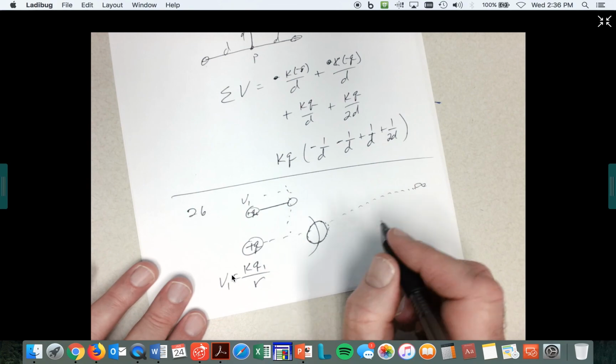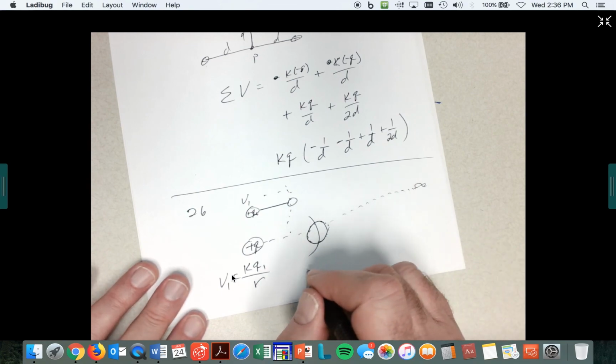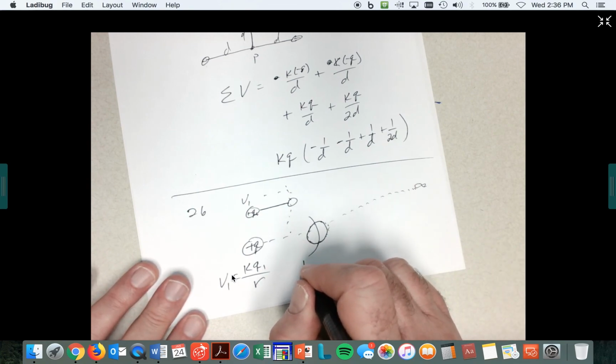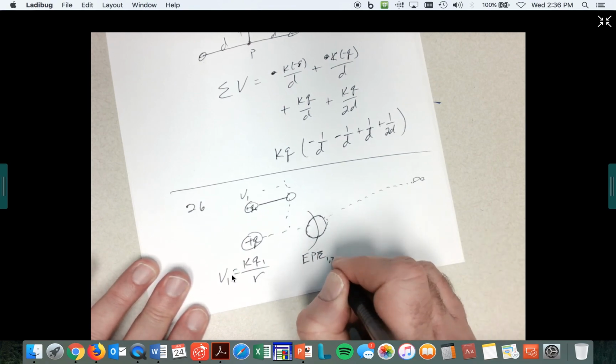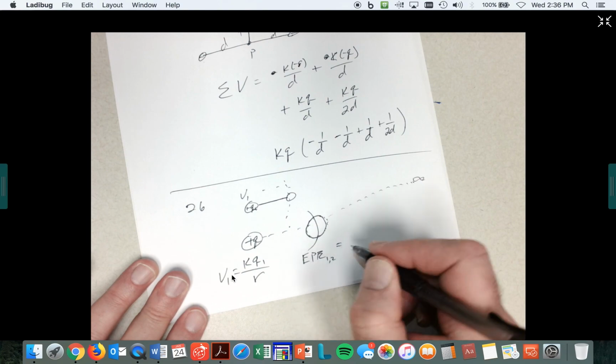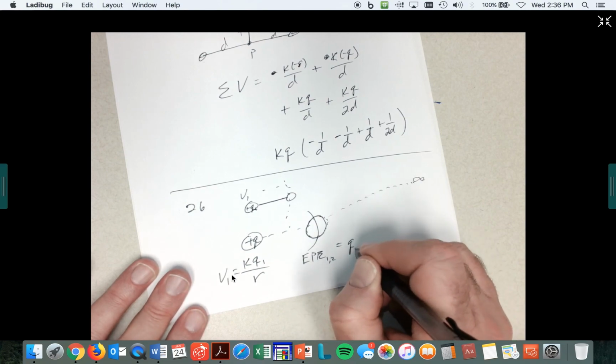So the electric potential energy when we brought charge 2 in, with 1 and 2, is equal to Q2 times V1.